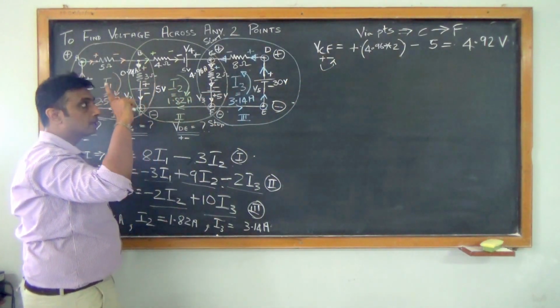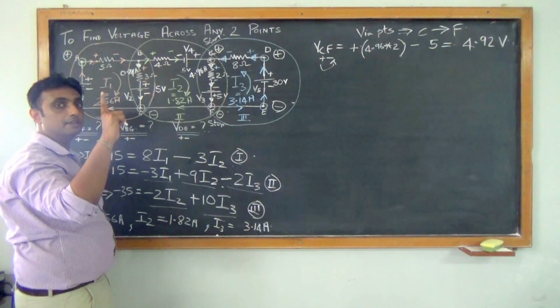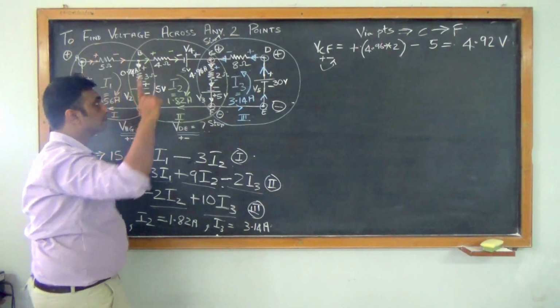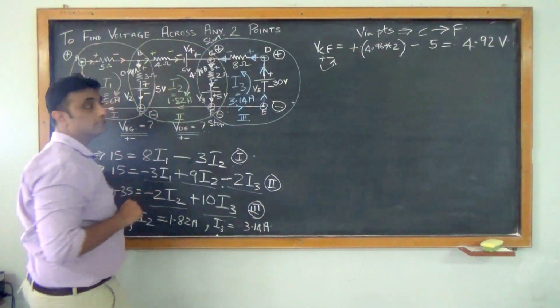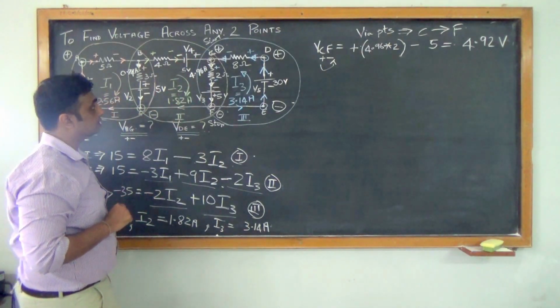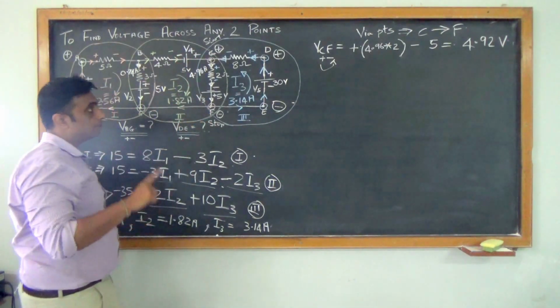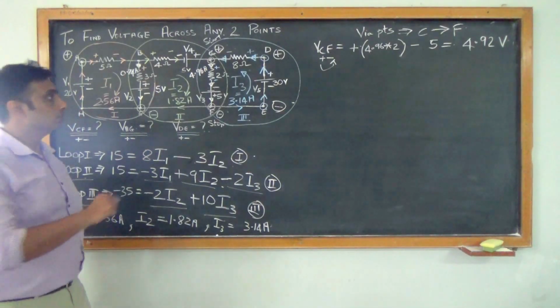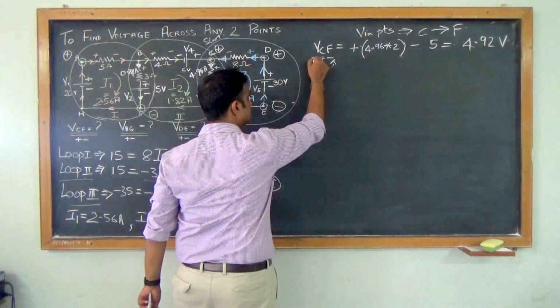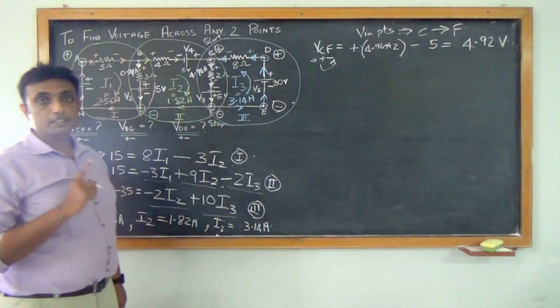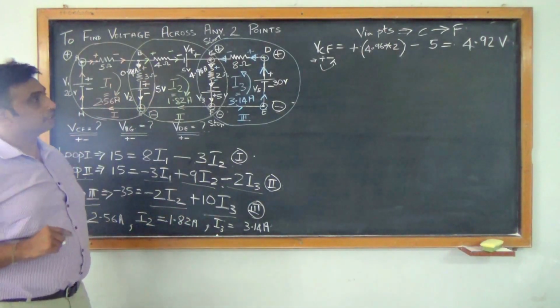Always remember, since the first terminal of your multimeter is positive, your first terminal will be connected across C, which is your positive terminal, and your second terminal will be negative. So you have to remember that your first terminal is positive and your second is negative.